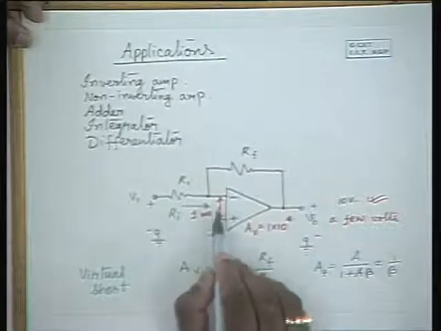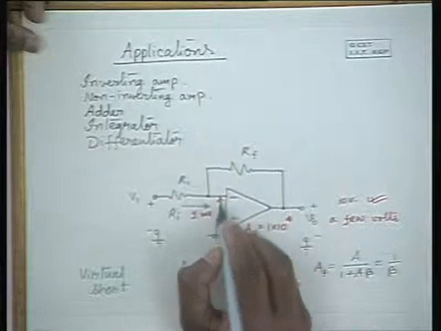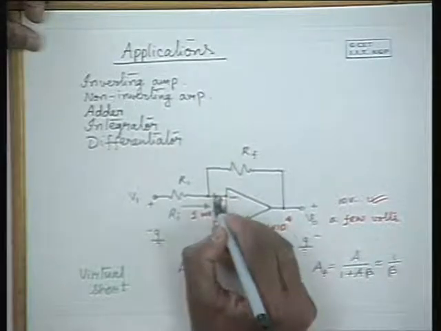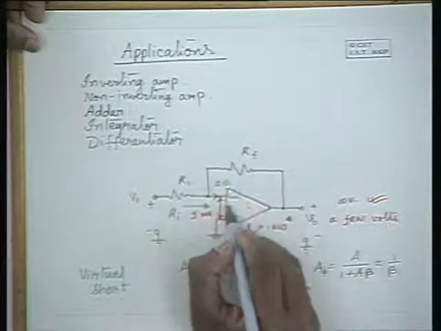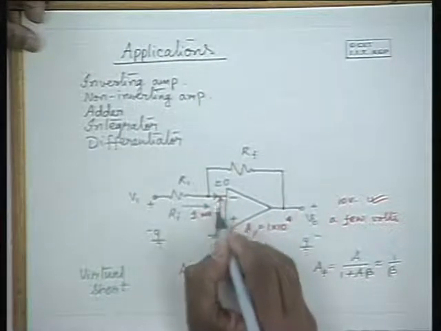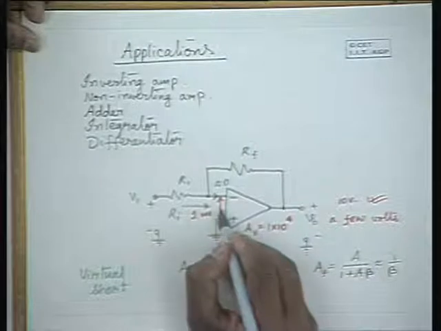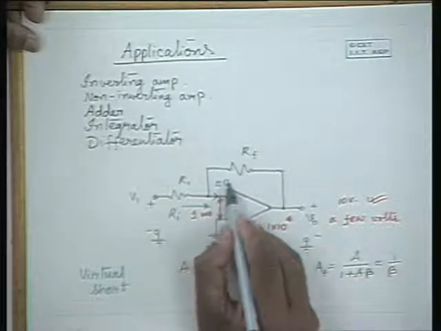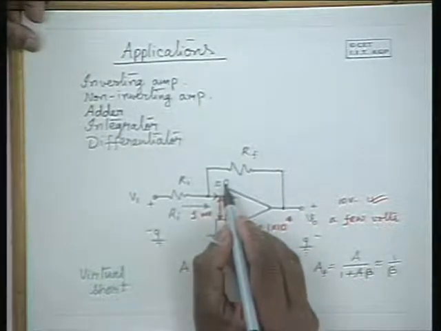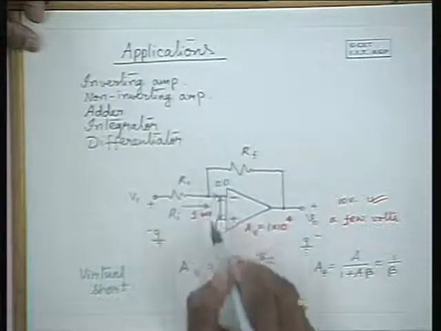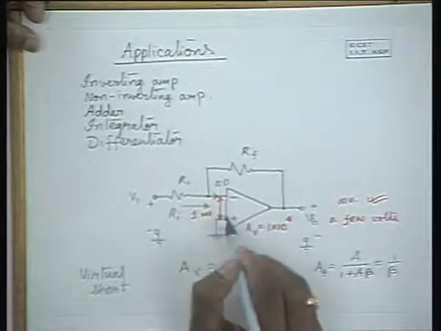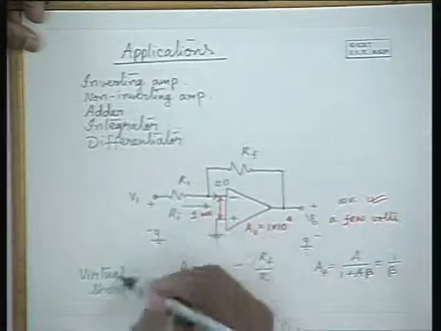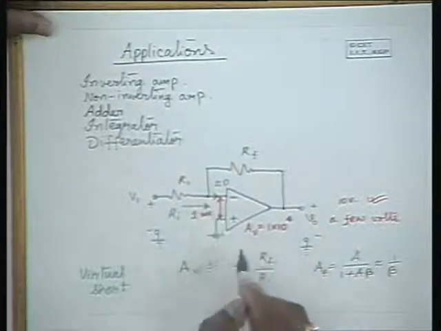Although the impedance is very high, the voltage is almost 0. What about the current it draws? The current it draws is almost 0. The impedance is of the order of megaohms, and if the voltage is of the order of millivolts, the current is almost 0. Since the current is 0 and the voltage is almost 0 volts, it is known as a virtual short between these two terminals.